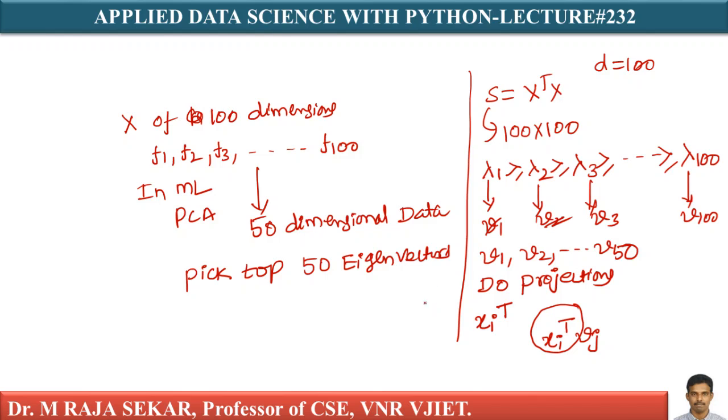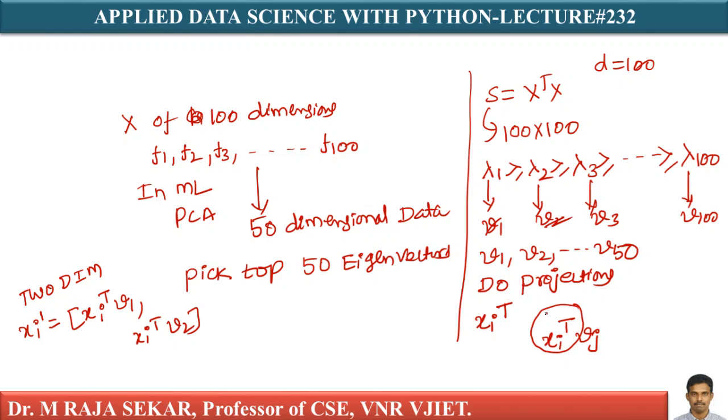Just multiply the original data with the top eigenvectors. For the 2-dimensional case, if you want to convert xi into 2 dimensions, xi transpose into V1, comma, xi transpose into V2. This is 2-dimensional.